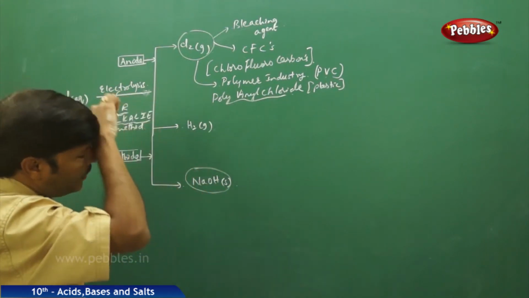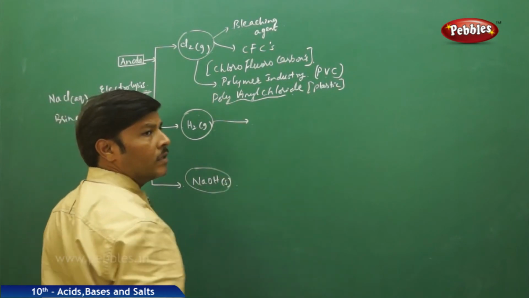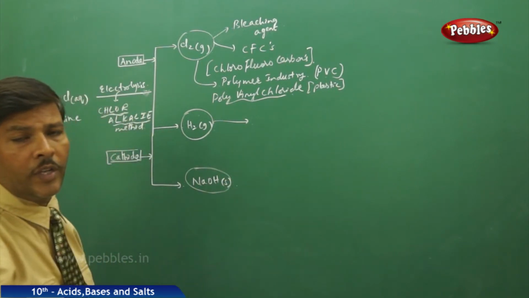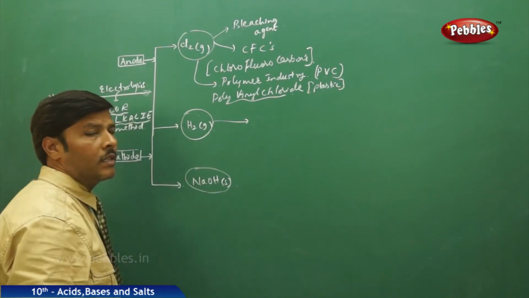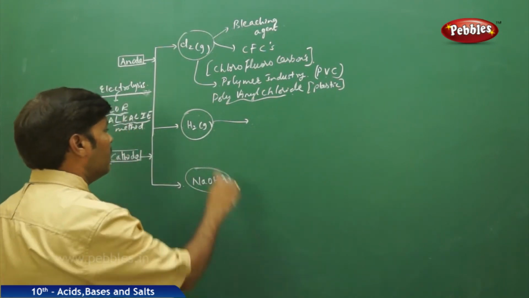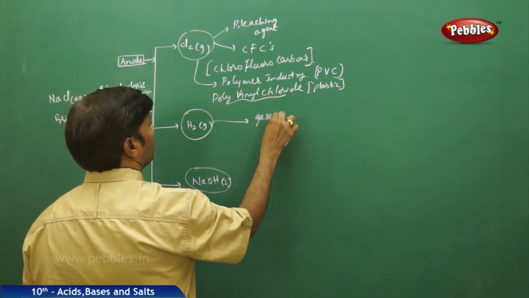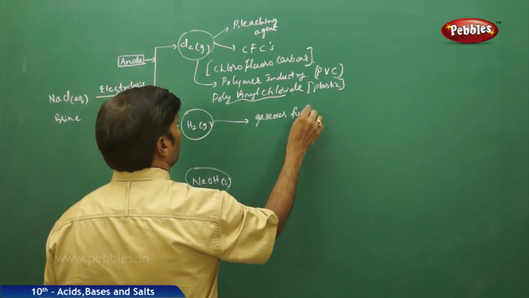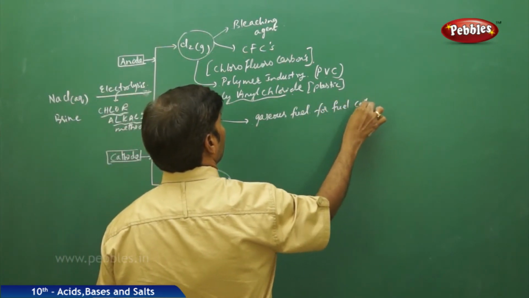Then hydrogen is a basic ingredient in the fuel cell. In fuel cells we use two gases, hydrogen and oxygen. H2 is an important gaseous fuel for fuel cells.